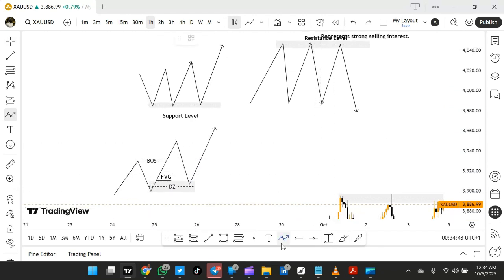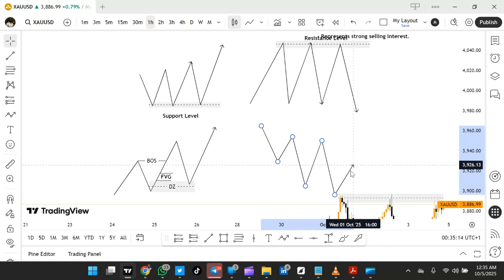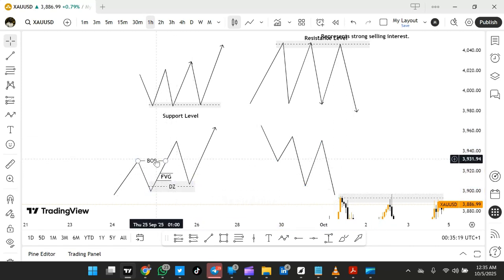Now for a supply zone, let's say price is doing a series of lower lows, lower highs. I say a supply zone is a zone where price is likely going to sell from. So a supply zone is where price is likely to bounce from, right? And for a supply zone to be a valid supply zone, all these things here have to check out.